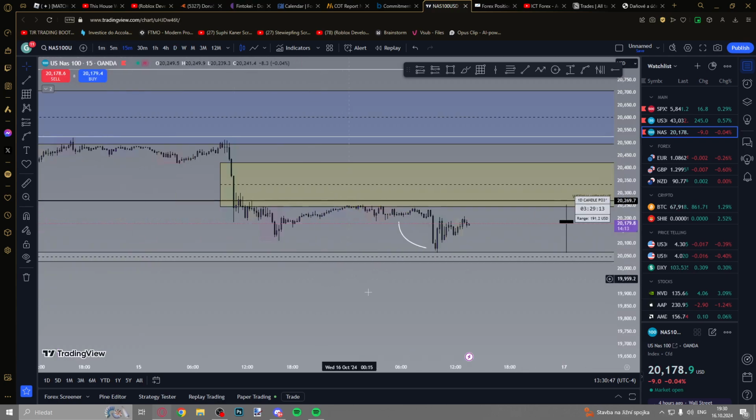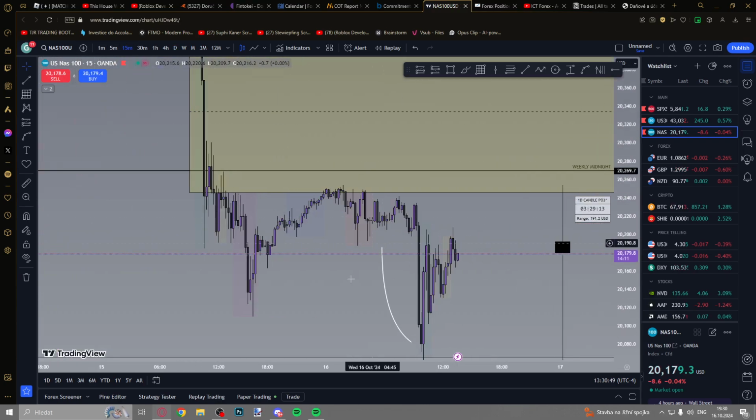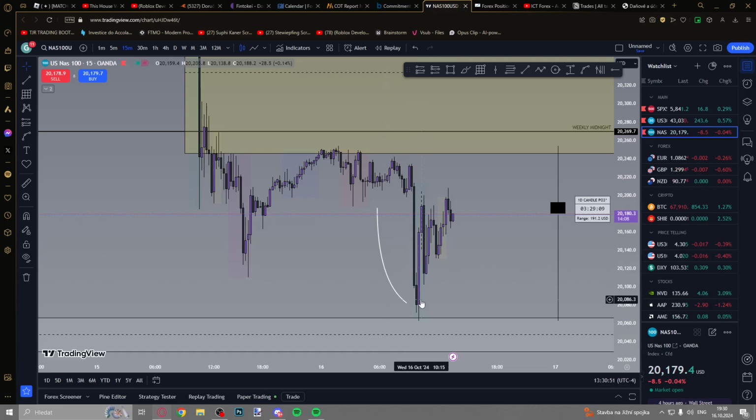Yeah, we can also say the low of the day was made at 10 a.m. There's gonna be a bullish candle probably, maybe bullish. Overall, the high of the day was made at 1:45.